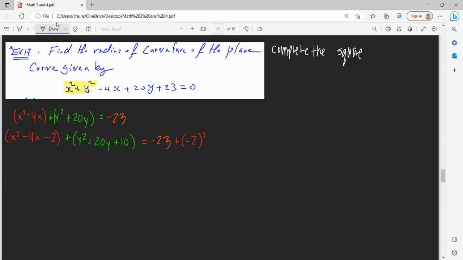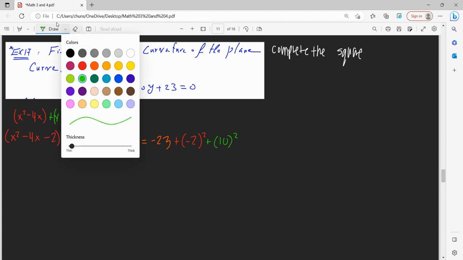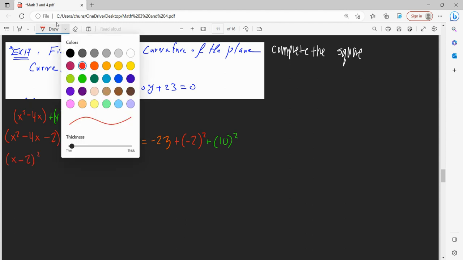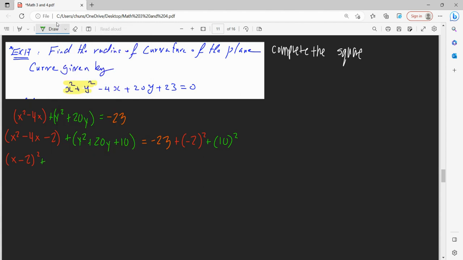Then we're also going to take our 10 and square it. So then we can factor this part out. So this is x minus 2 squared plus y plus 10 squared equals, so we have negative 23 plus 4 plus 100, and this is 81.